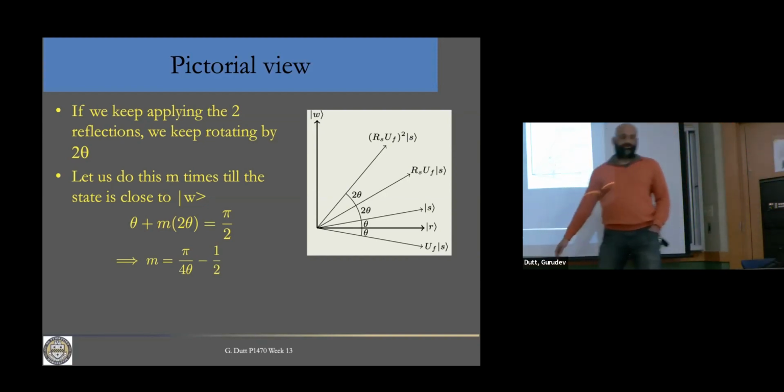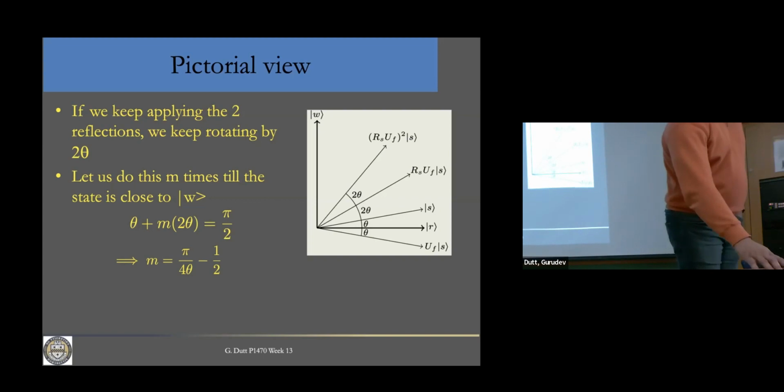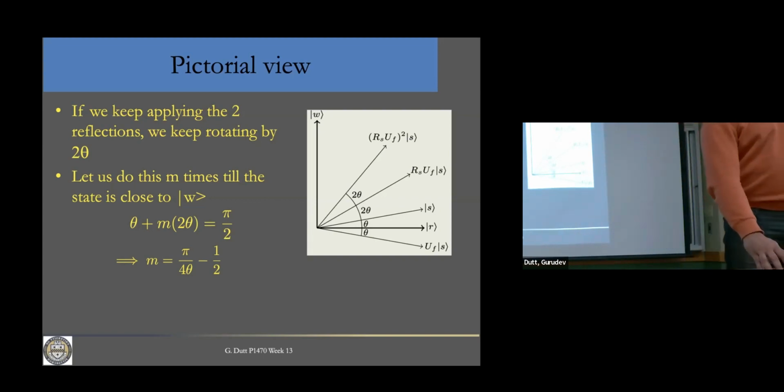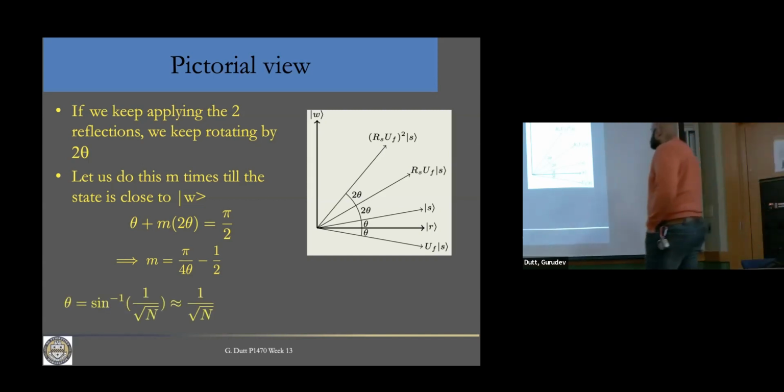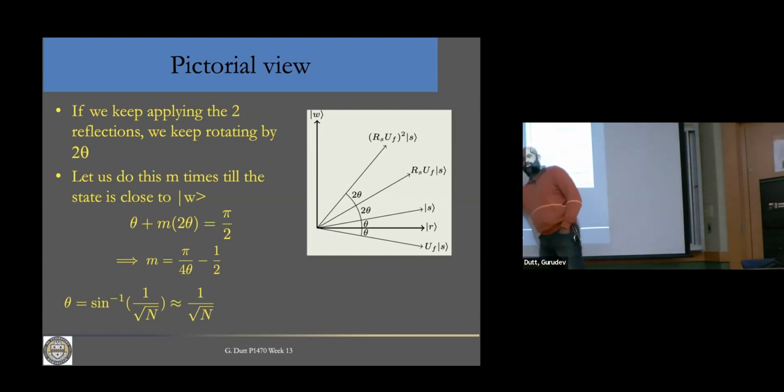Easy enough to solve. And now we ask ourselves, what is this m equal to in terms of n, the total number of bit strings in the problem? Well, theta, as you may remember, was simply sine inverse of 1 over root n.